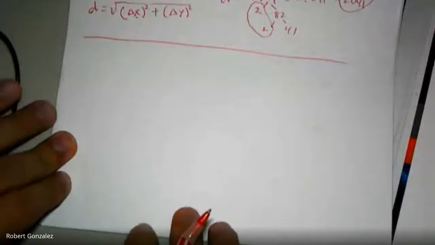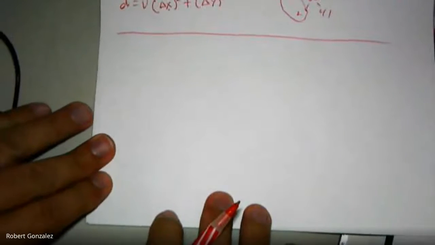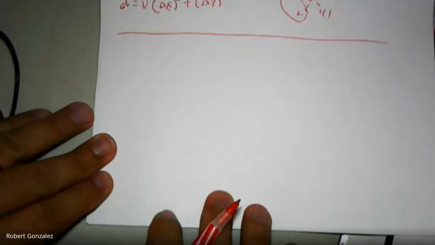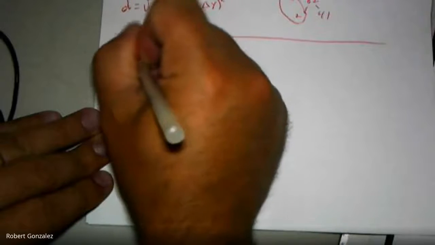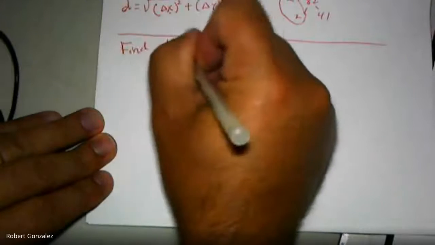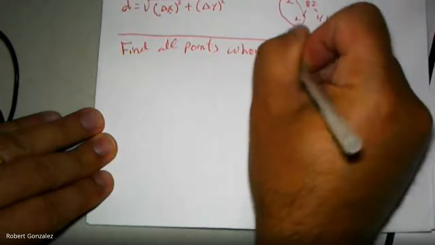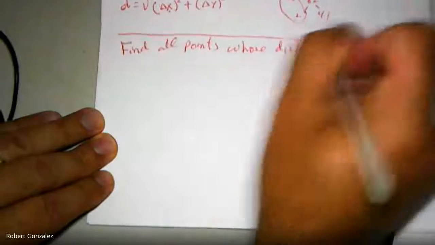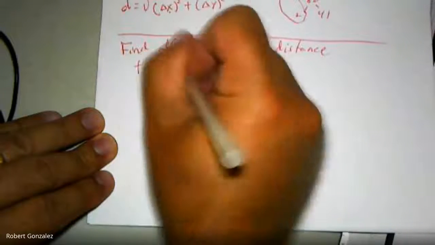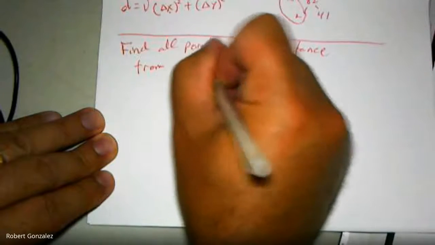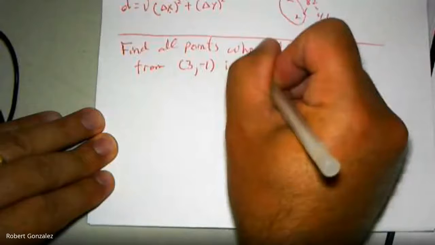Okay. So just for the heck of it, let's do a crazy question. Ready for this one? Okay. Find all points whose distance from (3, -1) is 10.